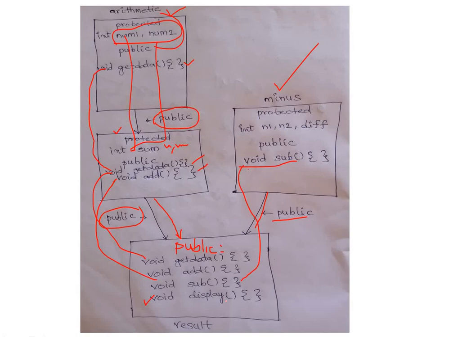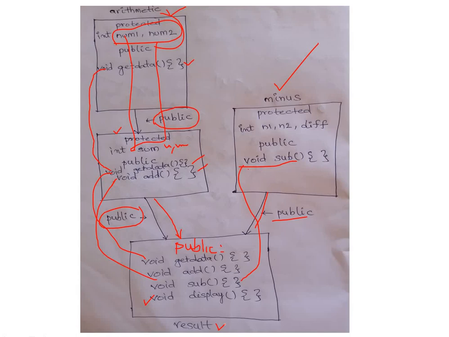Totally we have 4 member functions under the public section of the result class. So the public members of the derived class, that is get data, add, sub and display, are directly accessible to the derived class object.